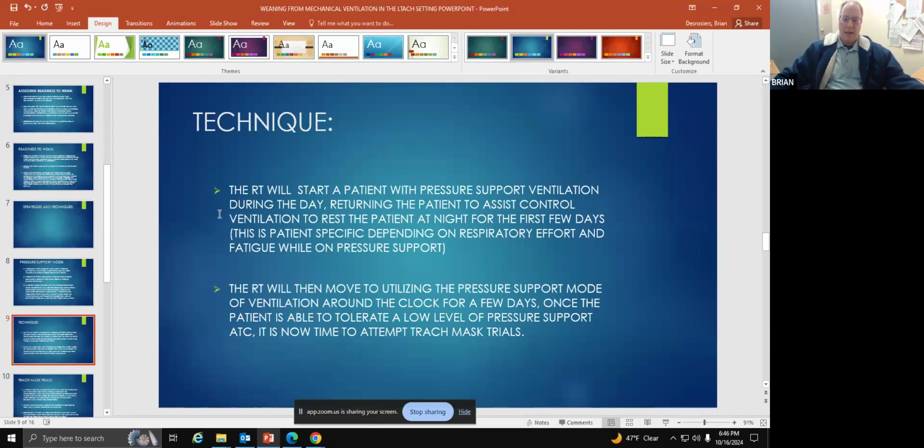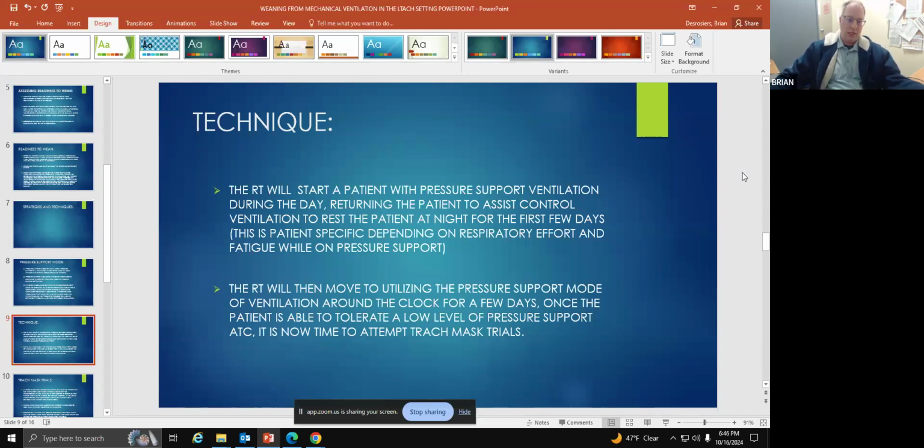Now, that's not to say that we couldn't try to take a patient right from assist control ventilation, which is full vent support, and put them on a trach collar or a trach mask. That's something that can be done. That's also trial and error. That's one of those situations where it's sink or swim, or sometimes the patient doesn't tolerate pressure support at all on the vent.